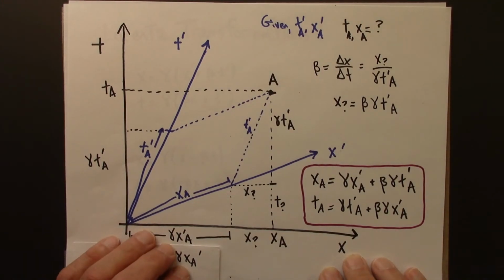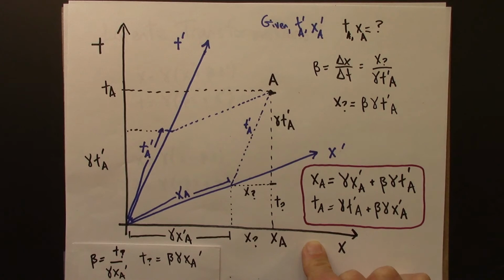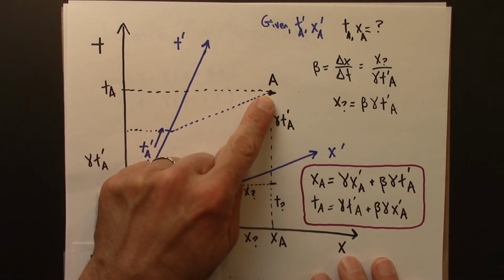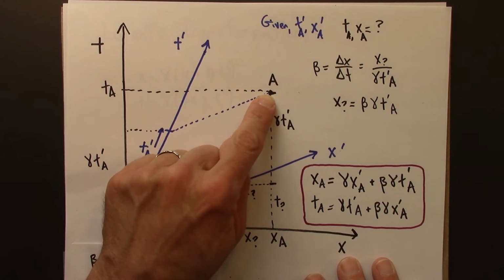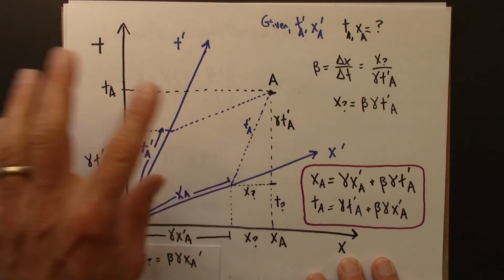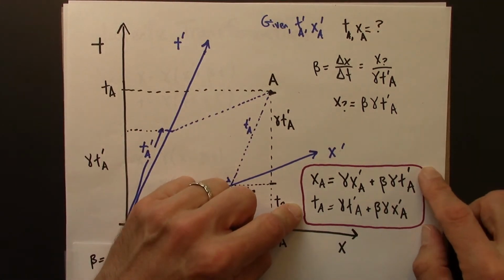So we've derived the Lorentz equations. Here they are. Let me say one more thing, and then I'm going to write this in a slightly different form. Note that the choice of event A is completely arbitrary. I could have put A here, or here, or here, or anywhere, and the geometry and the algebra would work out the same.